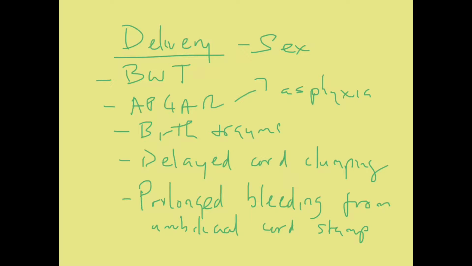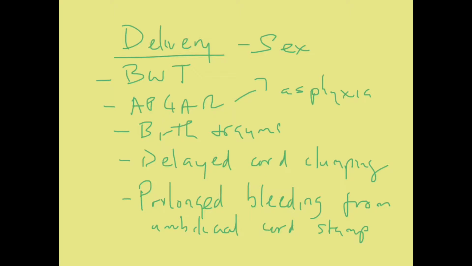So delayed cord clamping can increase the volume of blood for the baby, and with increased volume, we know that there will be increased hydrostatic pressure. This can cause edema. So we want to see if sometimes the patient delivers at home before they reach the hospital, and if there is delay in cord clamping, there can be significant transfusion from placenta to the baby, which can predispose to edema.